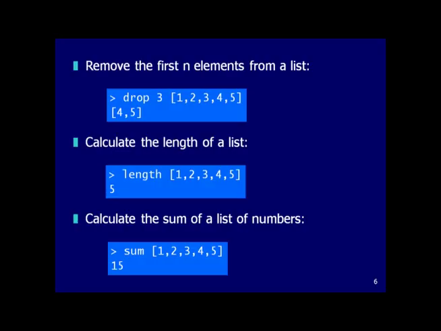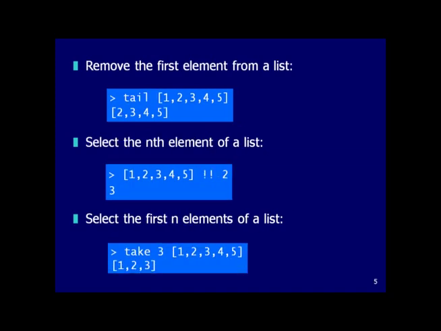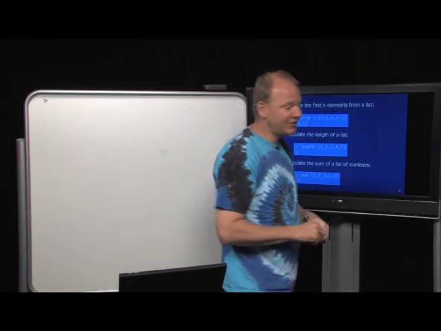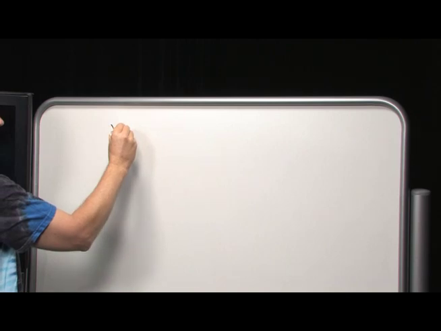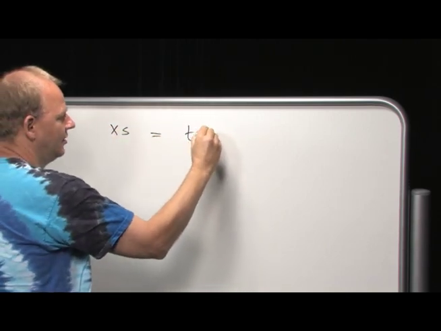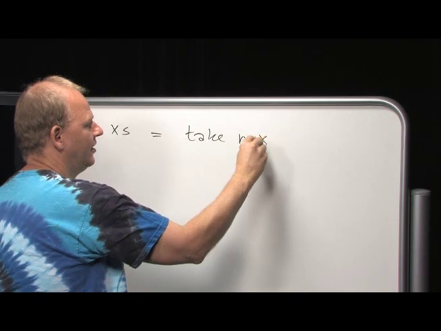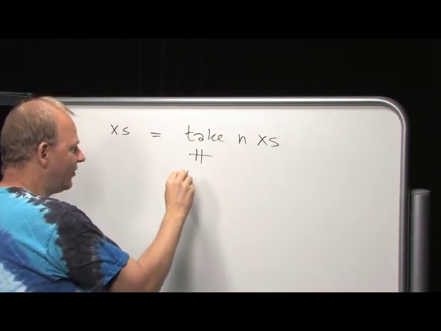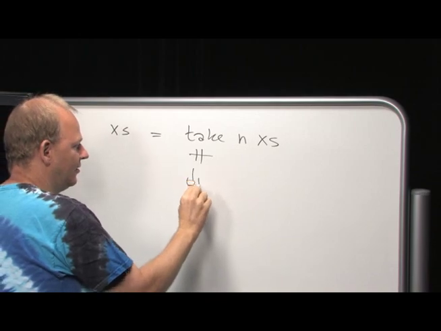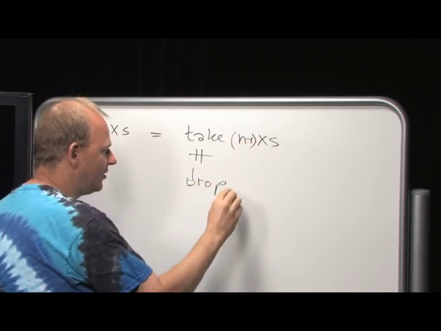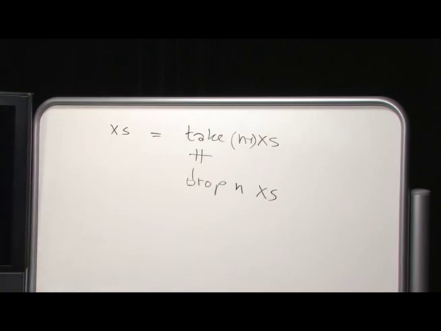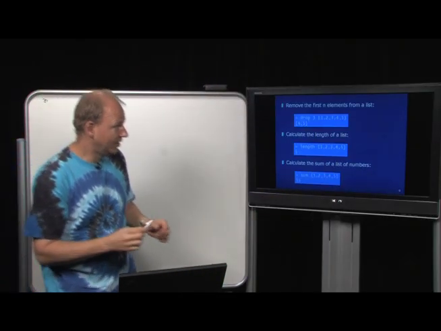So take and drop. These are each other's complement. Take takes the first n elements, drop forgets the first n elements and just leaves the rest. One of the things that you can prove is that if you have a list xs and I take n xs and I append drop, and I think this is n minus 1, and I have to drop xs, then I get the same, no, it's even n.